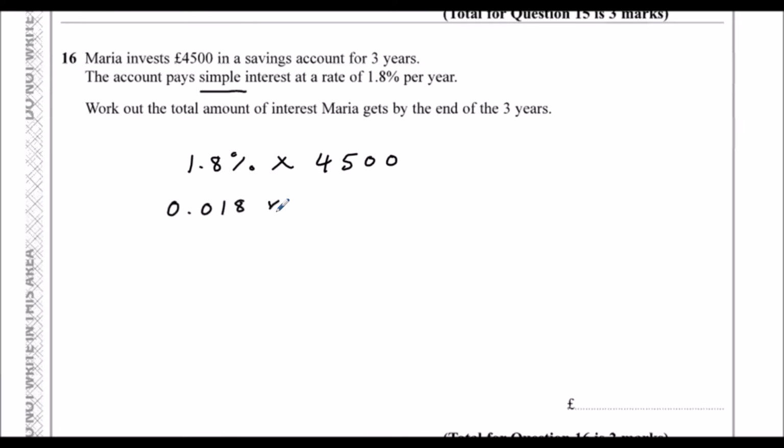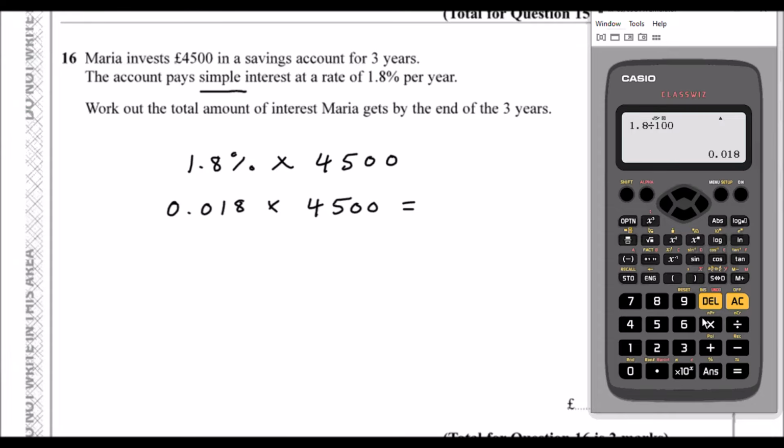0.018 times 4,500. So wherever we're working out the percentage of 1.8% of 4,500, we're writing a times sign. So this calculation, this number times 4,500, that's the interest each year.